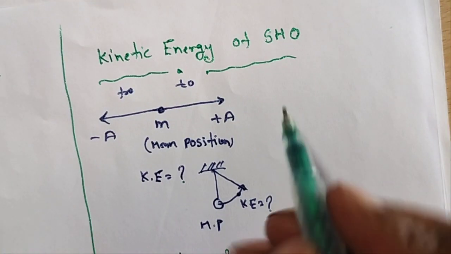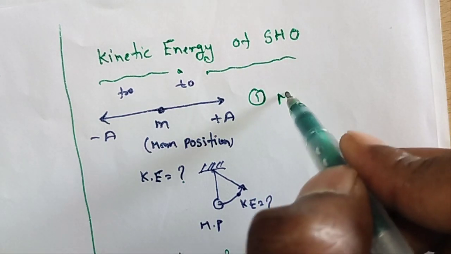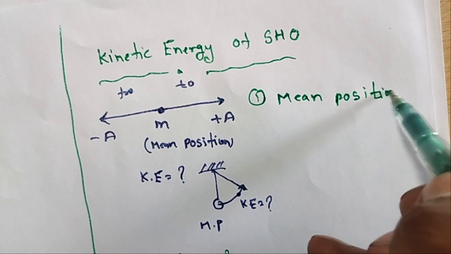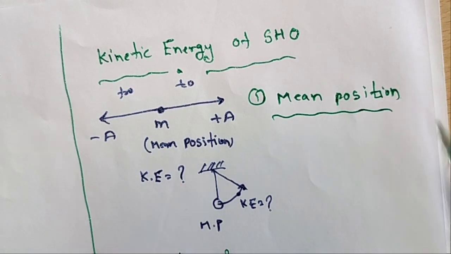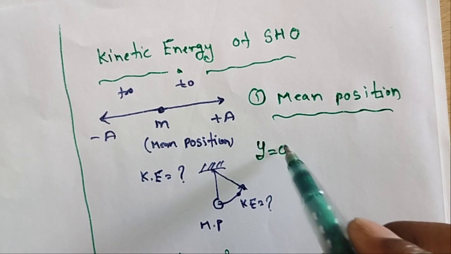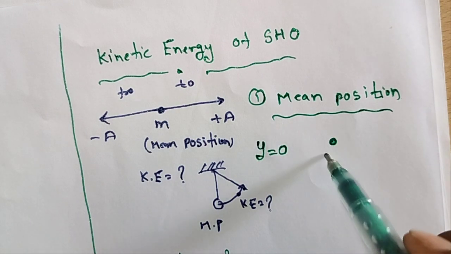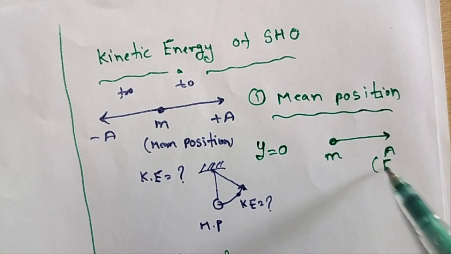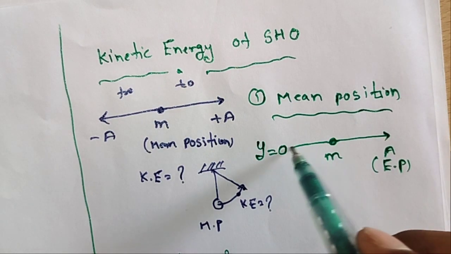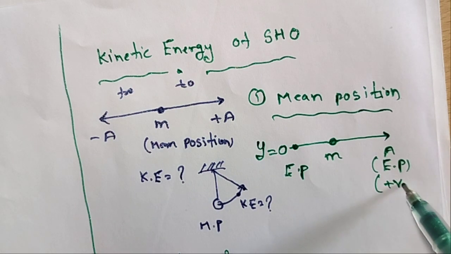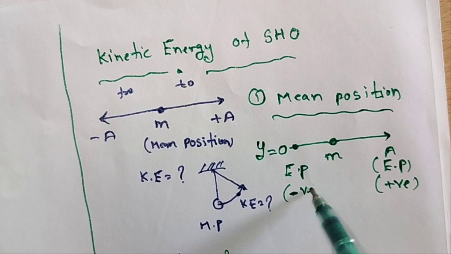The first case is at the mean position. What is the displacement at the mean position? y is equal to 0. This is the particle m, this is a positive extreme position, and this is a negative extreme position.